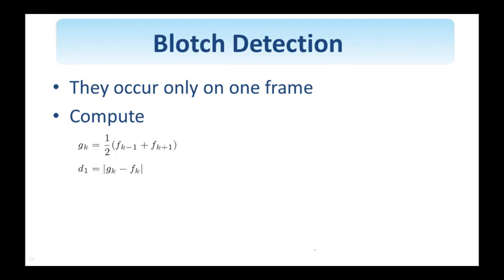Then the difference between the estimate g of k and the actual frame is found, and that's d1. Those regions with high d1 compared to the noise variance are classified as belonging to an artifact. However, moving edges will also be detected by this test. Therefore, more tests are needed to filter out these moving edges.